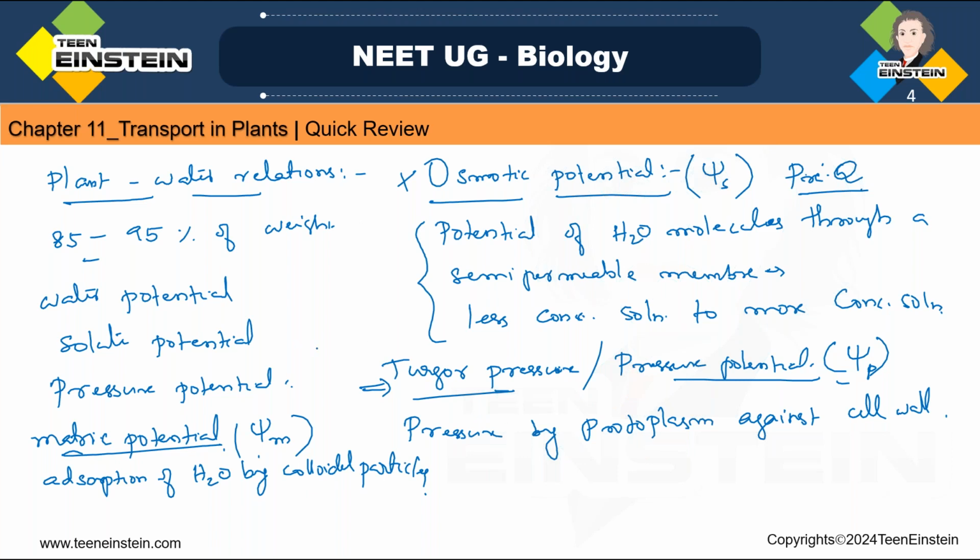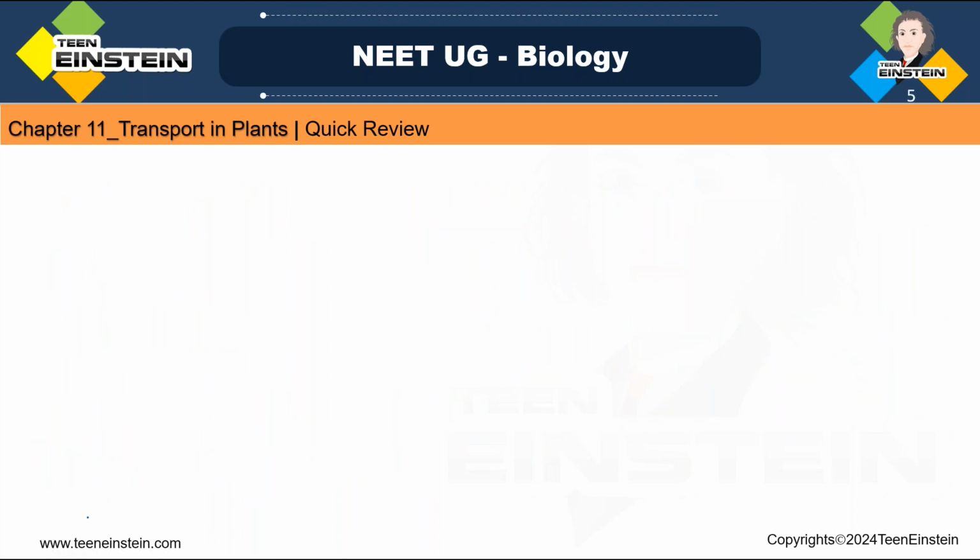Then another question, matrix potential. All these are important questions, and you should know how we mention them: psi s, psi p, psi m. Then next comes the water potential.